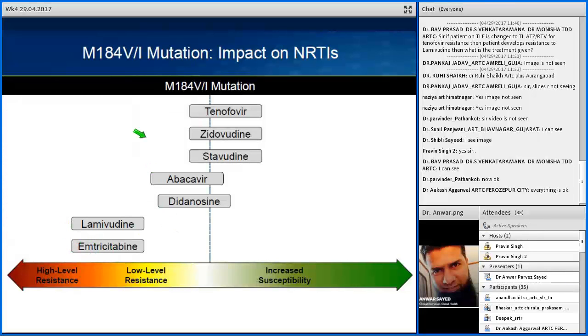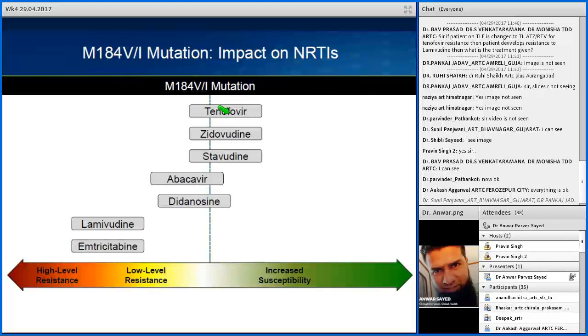We also said that it may cause low level resistance to Abacavir. You can see from the susceptible point, Abacavir has moved to the left. Didanosine has moved to the left, though we are not using didanosine these days. But Abacavir has low level resistance in the presence of 184V.